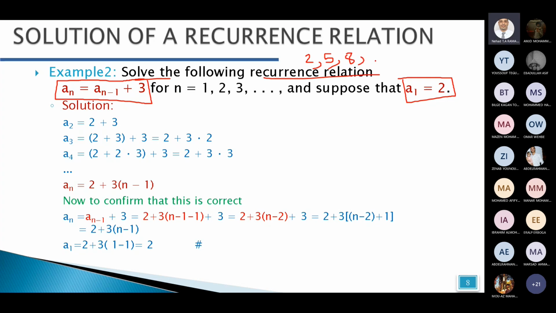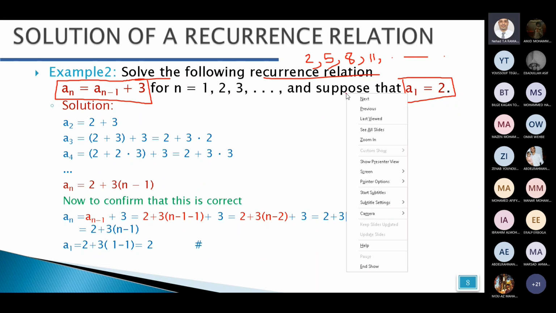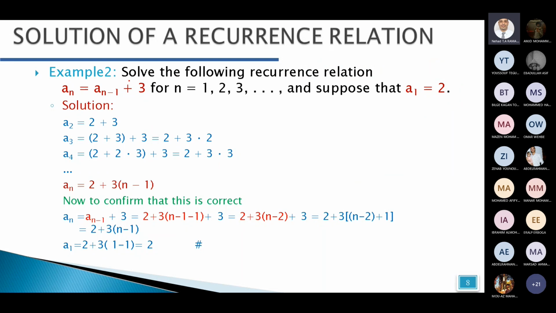Next term is 11, and so on. So this is the sequence. From this sequence, let's find the solution. To solve this recurrence relation, you have to find the terms.